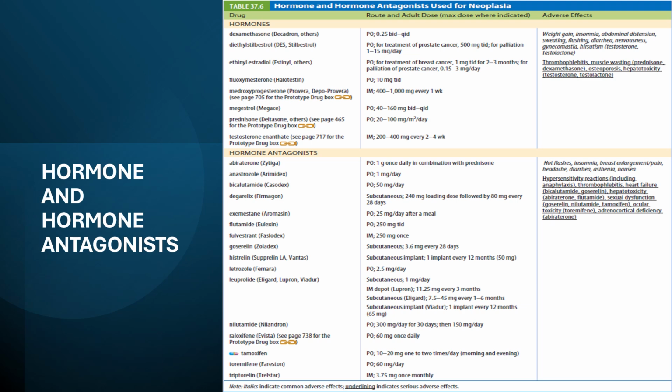A number of hormones are used in cancer chemotherapy, including corticosteroids, progestins, estrogens, and androgens. In addition, several hormone antagonists have been found to exhibit anti-tumor activities.